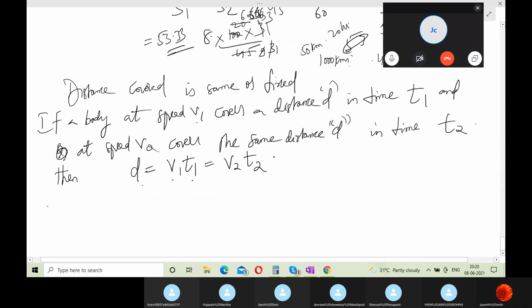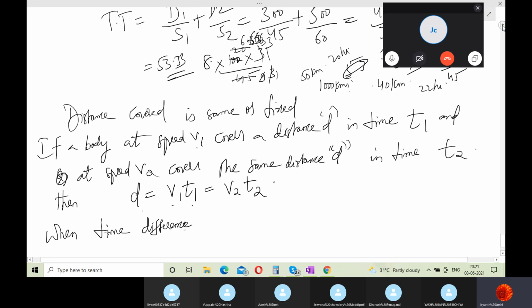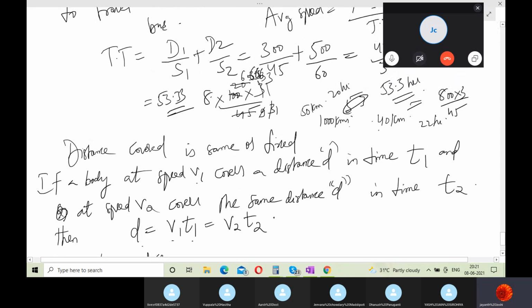Now, time difference. What do you mean by time difference? Can you see a time difference here? 20 hours and 22 hours. Can you see the time difference or not? All of you tell me yes or no. Yes, sir. Why are you seeing a time difference?